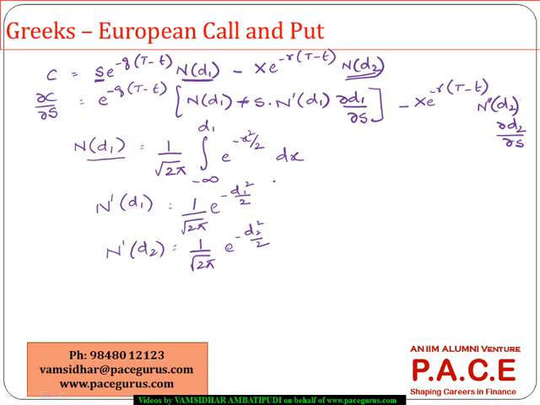And we are also looking at S times e power minus q (T minus t) N dash of d1. N dash of d1, anyhow we have found this out, we'll come back to it. Now I'll try to find out the value of S e power minus q (T minus t).